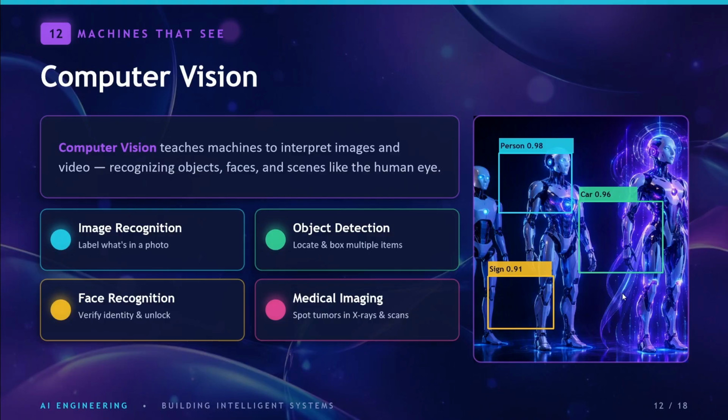The third application is face recognition, which is used to verify someone's identity, such as unlocking your phone just by looking at it, or verifying identity at airport security checkpoints. And the fourth application is medical imaging, where computer vision models are trained to spot tumors and abnormalities in X-rays and scans.